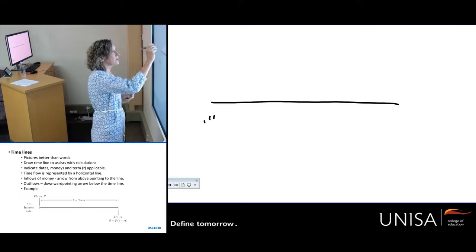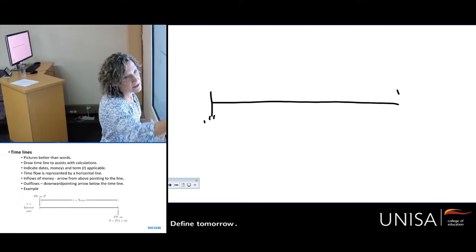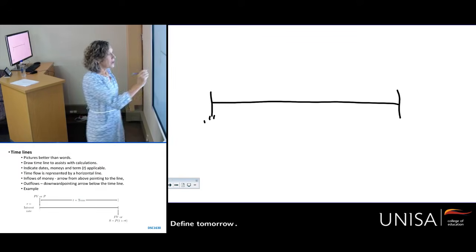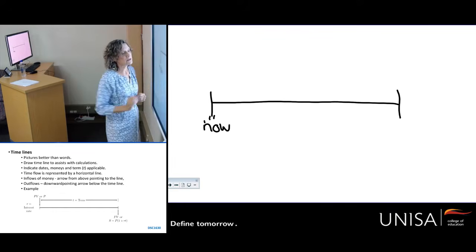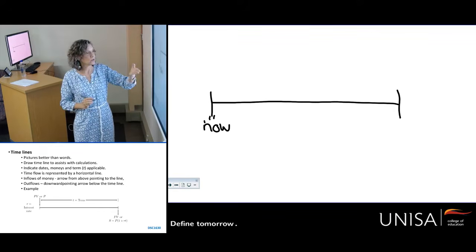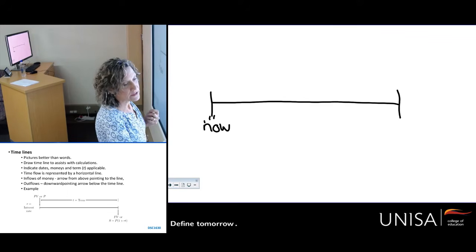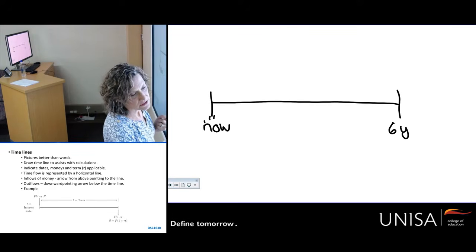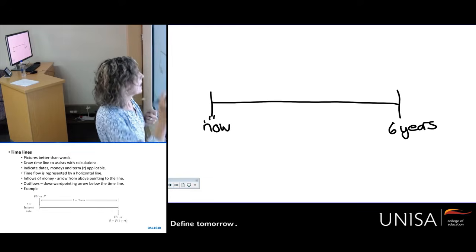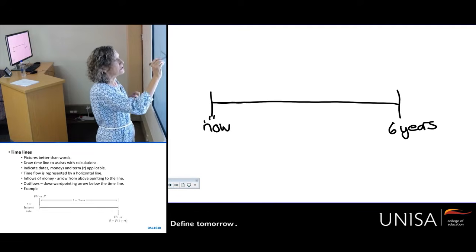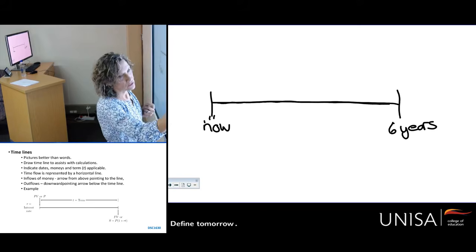So on our timeline is a straight line indicating time, and on the left-hand side you normally have now, or the time period that you start off with, and to your right will be the years. Let's say, for instance, 6 years. So as we go along the line, we increase the time to the right.